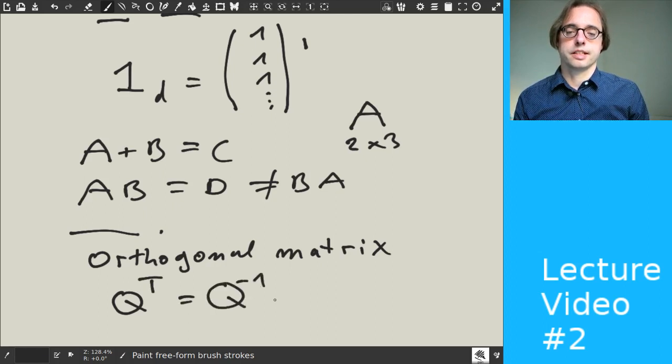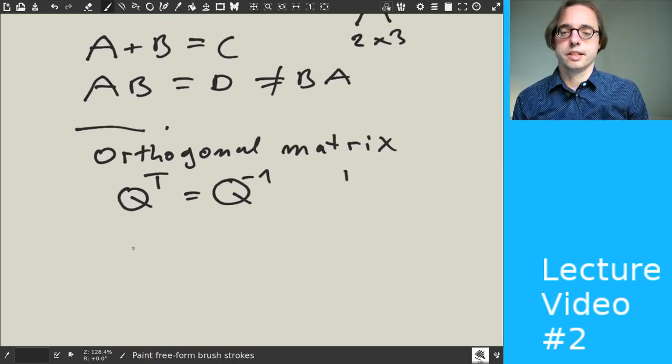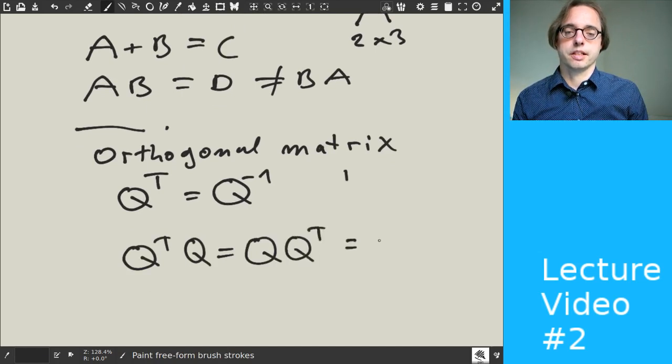That has the following consequence: Q transpose Q is the same as Q Q transpose, and that's the identity matrix.